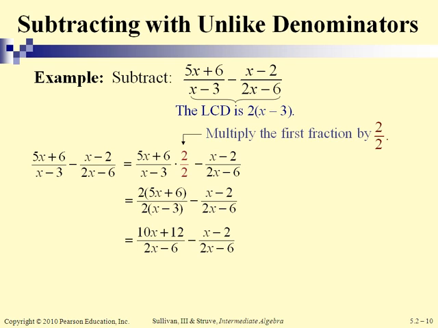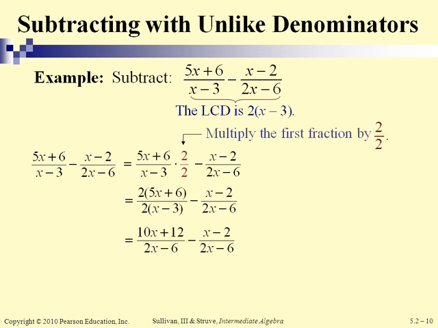If you cannot overcome this, you probably cannot pass this course because this happens everywhere. Okay? Now you have the same denominator. So 2x minus 6 is your common denominator. How do you do this? It's 10x plus 12 minus parentheses x minus 2.